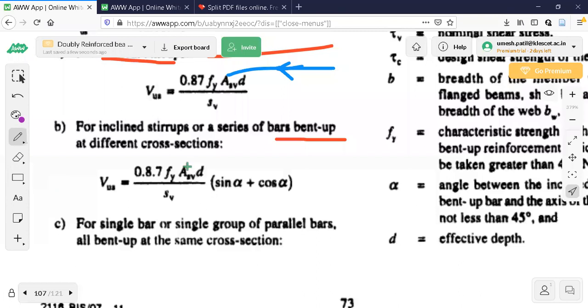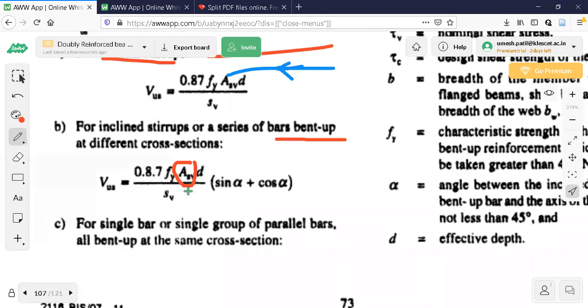For example, this one. Now, carefully observe here. What I am trying to tell you is, what is this ASV? If the stirrups are inclined at 45 degrees, that time you note down the area of the stirrups.